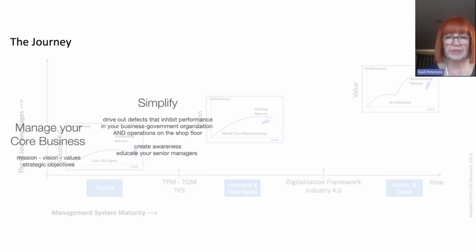In your service, it doesn't matter really what type of business you are. We want to drive out those defects and make sure we've got smooth traceability through, end-to-end visibility, top to bottom visibility. And we want to create awareness. We want to educate your senior managers. Next, Jacob.